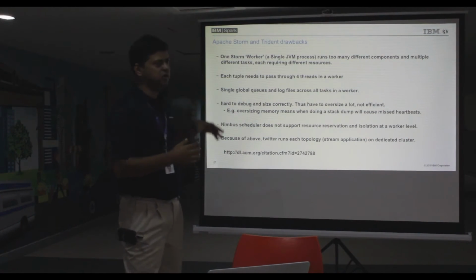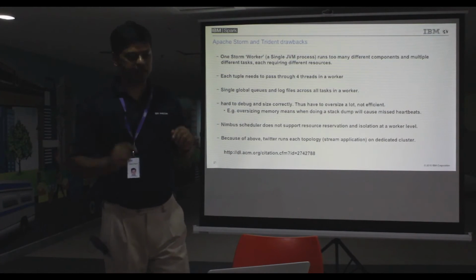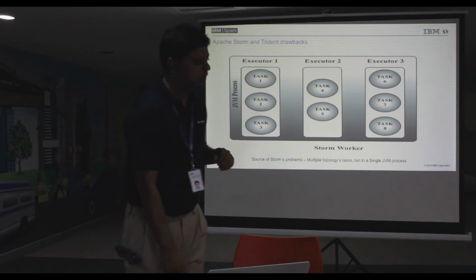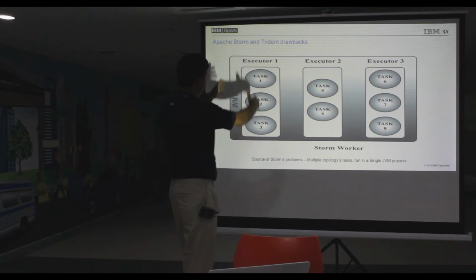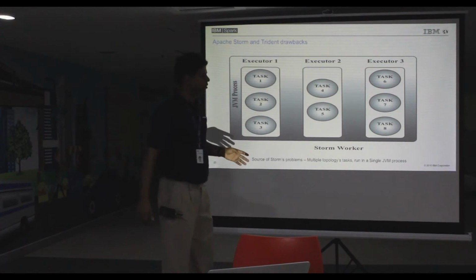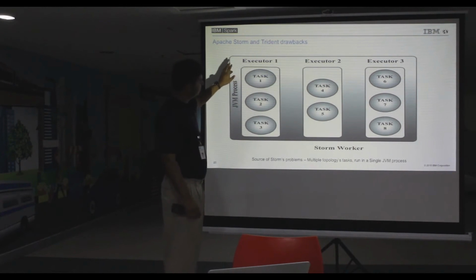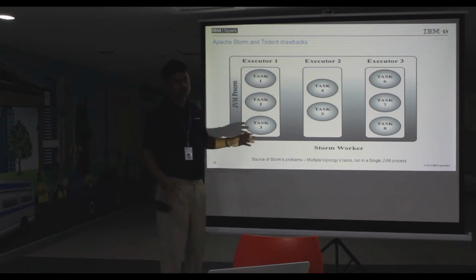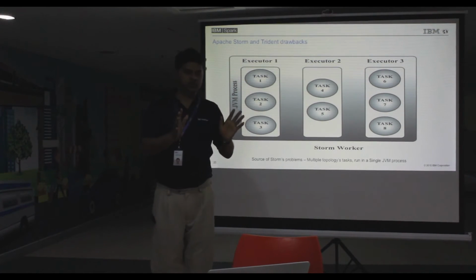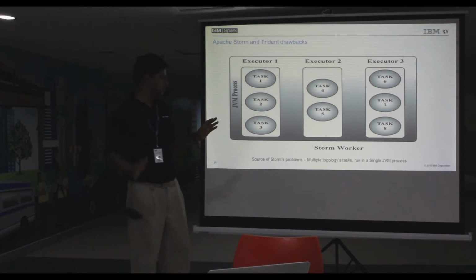Each Storm worker is one JVM within which you run what they call multiple executors, right? And what is an executor? An executor is nothing but your spout or bolt, right? So one JVM process is running spouts or bolts of one topology only. It's not across multiple topologies.